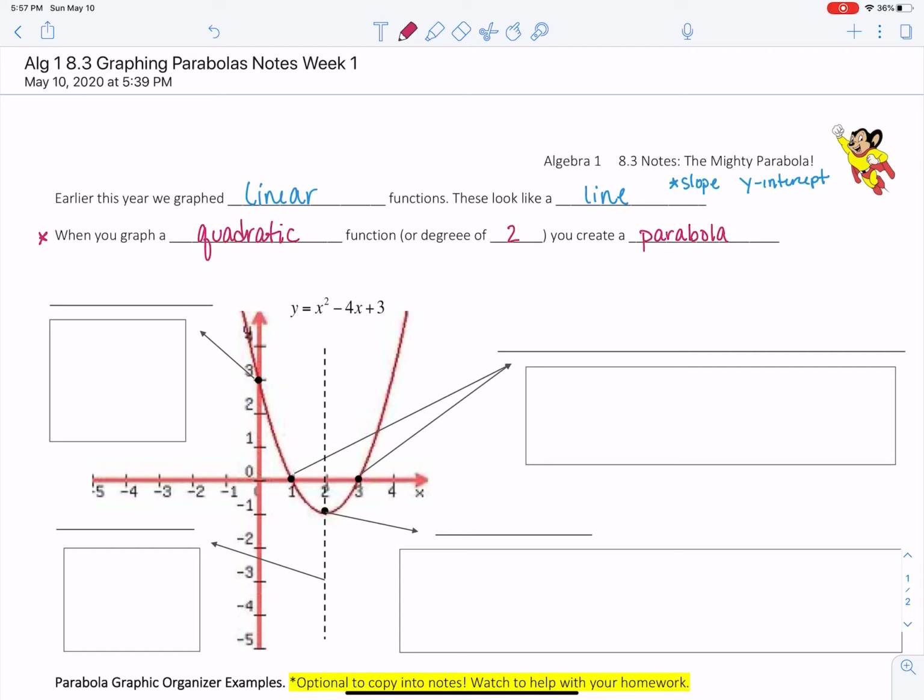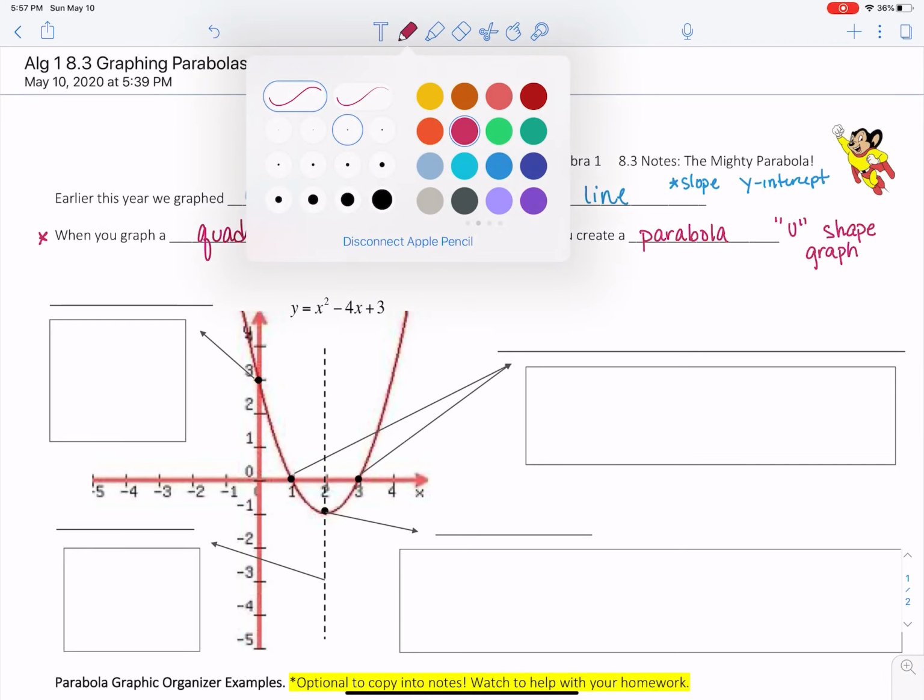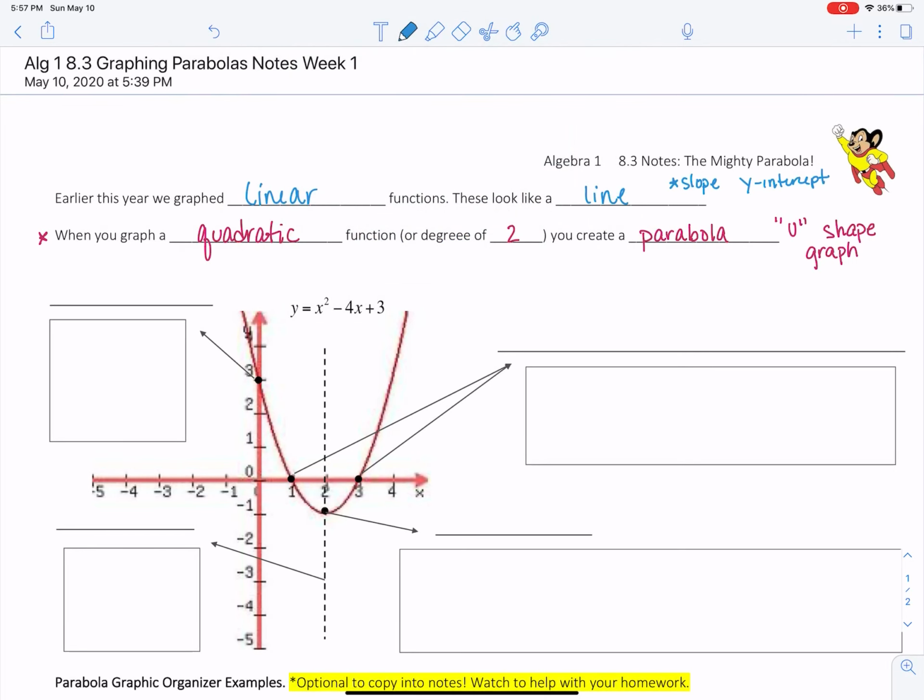And a parabola is this U-shaped graph. So quadratic, we're now graphing parabolas. So parabolas have their own vocabulary that we need to use.